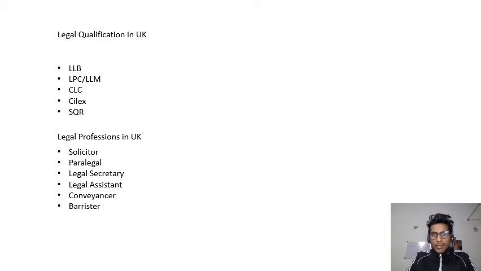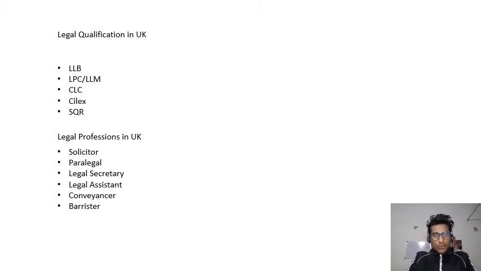You need to complete your LPC, that's called the legal practice course, also known as LLM. After it you need to do training for 2 years, which is also called a training contract. A lot of students don't get a training contract, and if someone gets it, he is lucky enough.